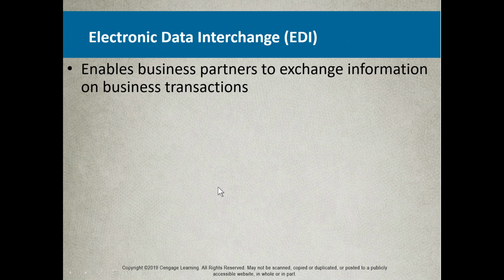Electronic data interchange. We're working with our partner companies in the supply chain, exchanging information and data, and it has to happen over a secure line, like a virtual private network, for example. Sometimes there are electronic fund transfers, EFTs.